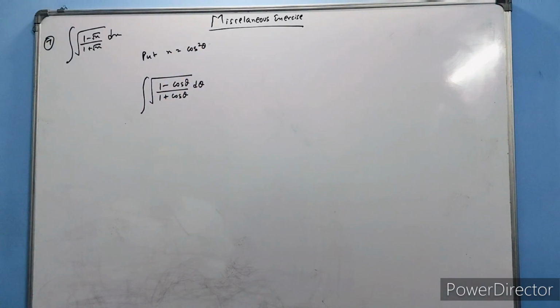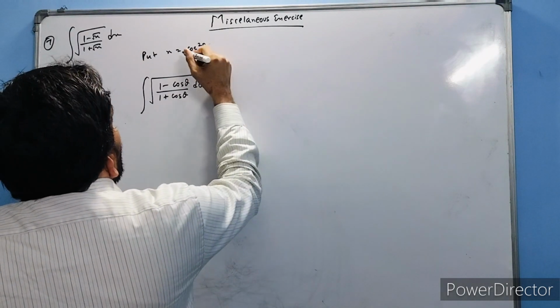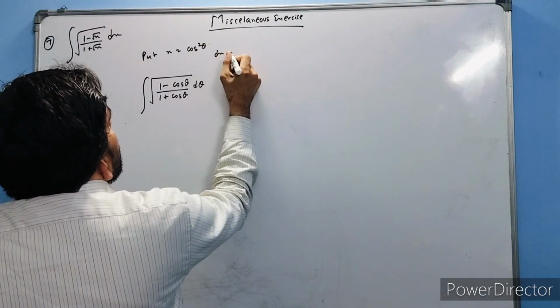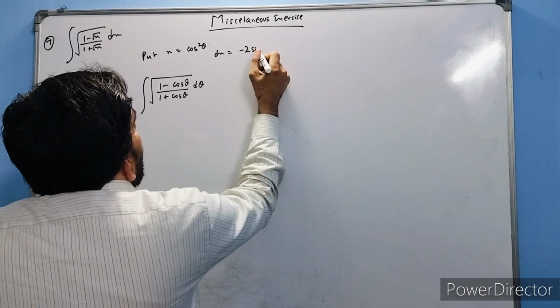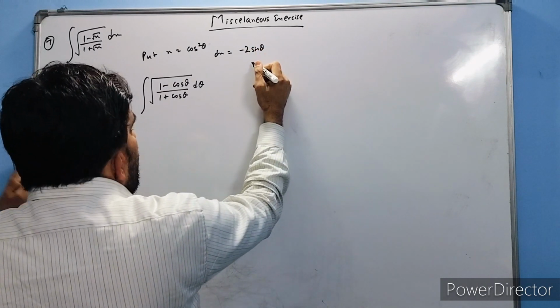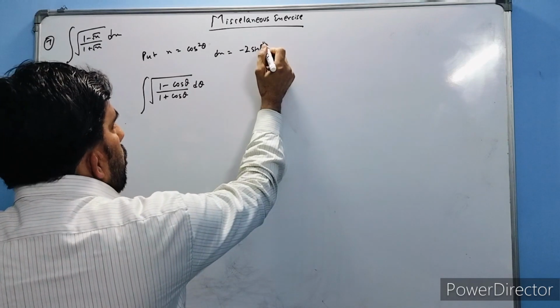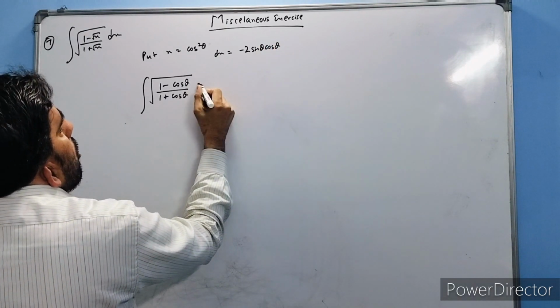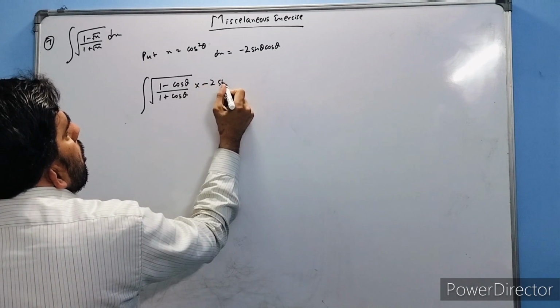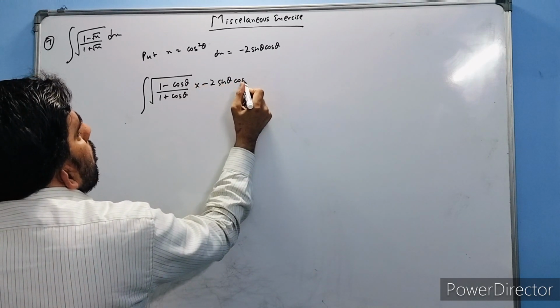Now if I differentiate this, dx will be minus 2 sine theta cos theta. So I have to put here also minus 2 sine theta cos theta.